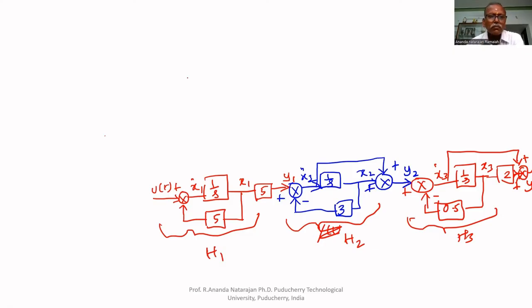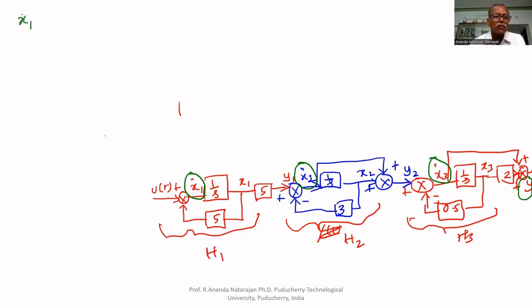This is x1 dot. This is x2 dot. This is x3 dot. This is y. So we have to write expressions for x1 dot, x2 dot, x3 dot, and y.